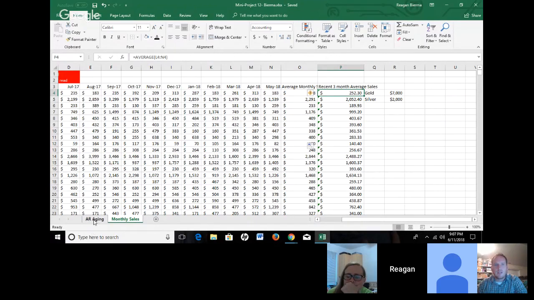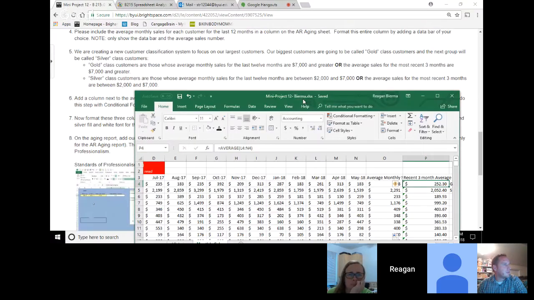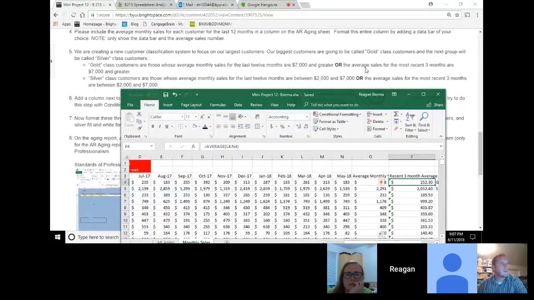So does it say there the average of the last 3 months, or the sales of the last 3 months? It says the average sales for the most recent 3 months.